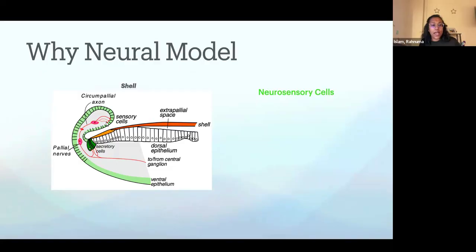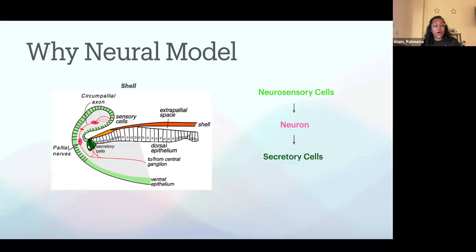Under this shell, you can see neurosensory cells. What happens is that those neurosensory cells read the pigmentation that has already occurred and send that signal to the neurons. In the picture, you can see the nervous system of the mollusk in pink. The neurons receive those stimuli from neurosensory cells and send the response to the secretory cells, the dark green color in the picture.